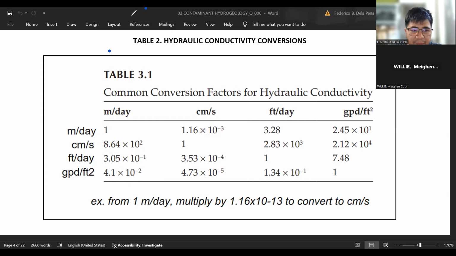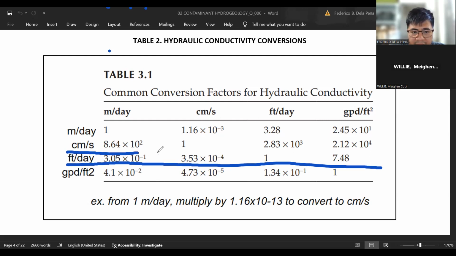And then from feet per day to, let's say, centimeters per second, you just draw a straight line here from feet per day.